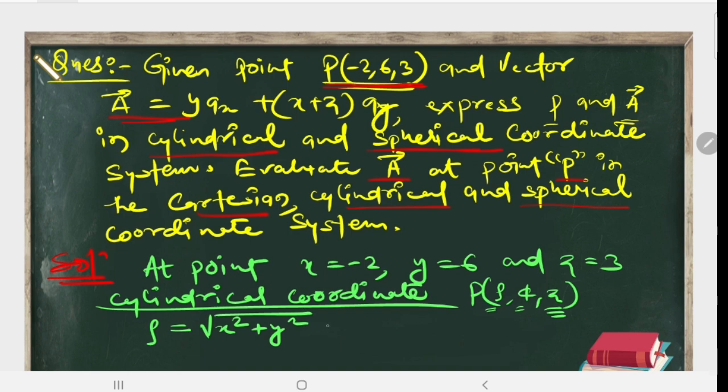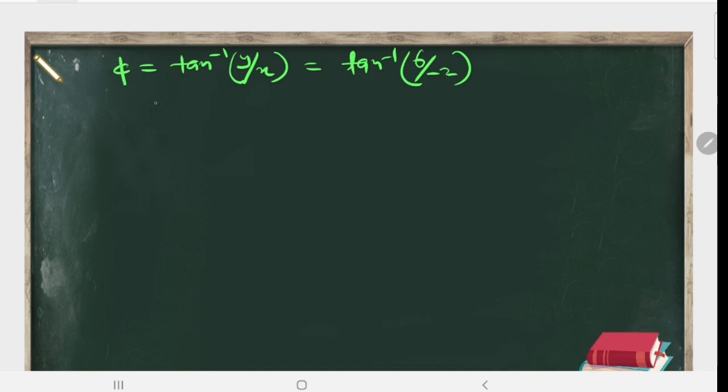Rho is the square root of x squared plus y squared. So (-2) squared plus 6 squared under root is equal to the square root of 40. So the radius of this cylinder is root 40. After this, we have to find the azimuthal angle phi, and phi is equal to tan inverse of y by x, which is tan inverse of 6 by -2, tan inverse of -3.